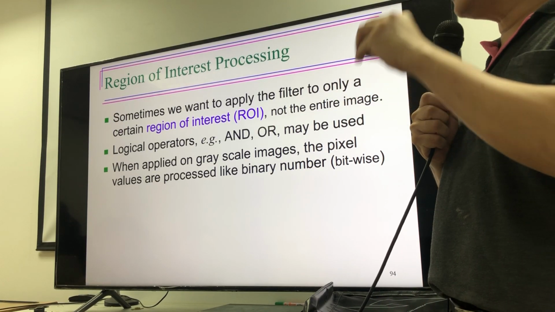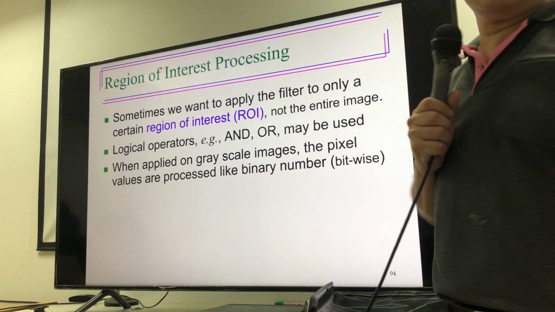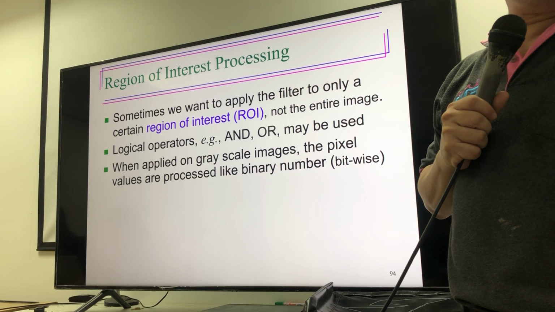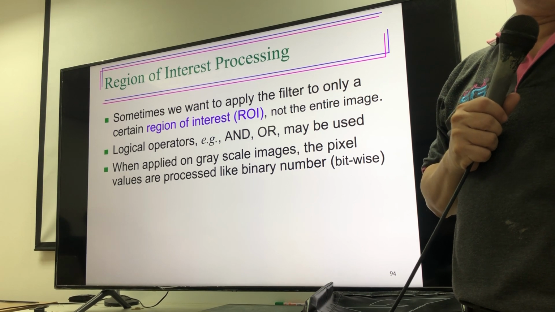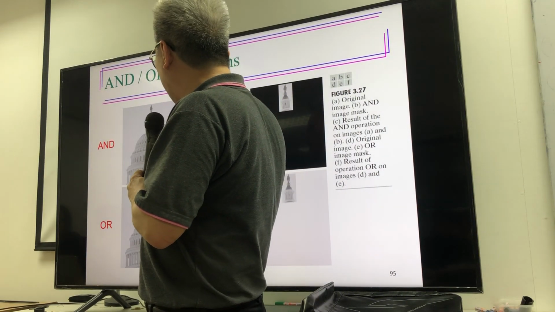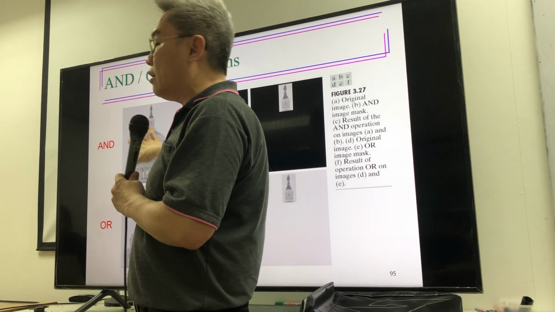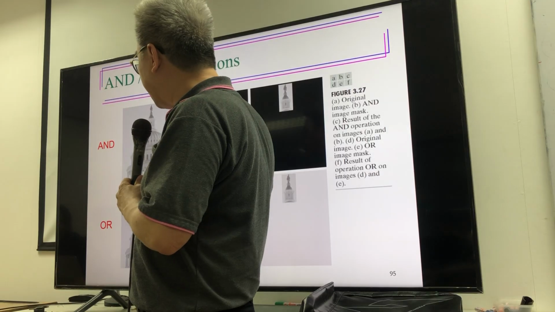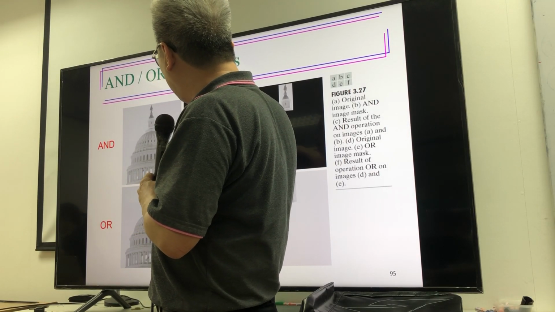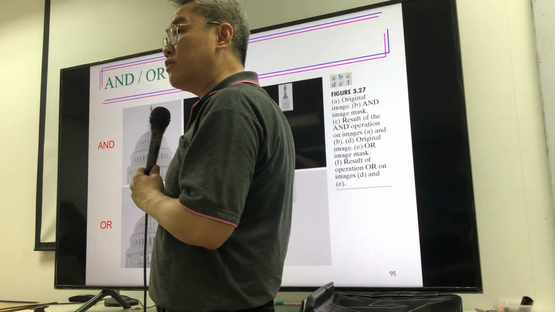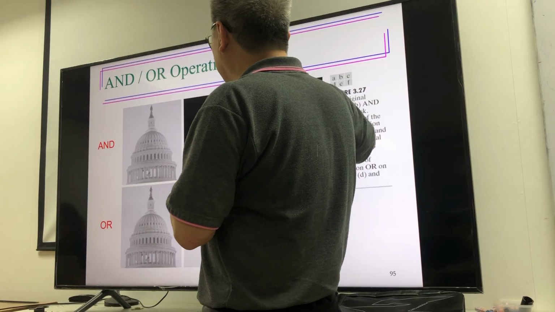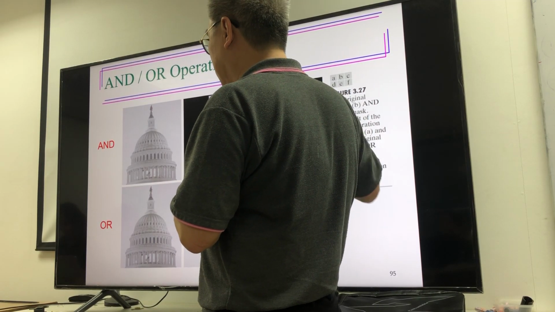We use the logical operations and, or to apply it, so the processing will be bitwise. For example, AND with a black image means you apply the processing only on this region, and what you get is mostly black, with only a certain region processed.